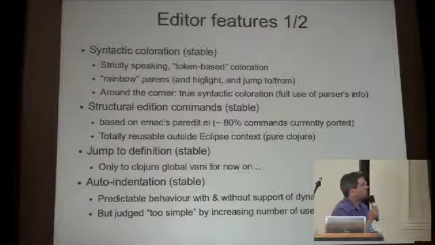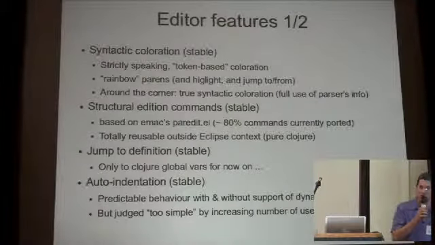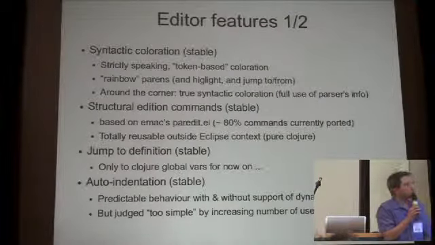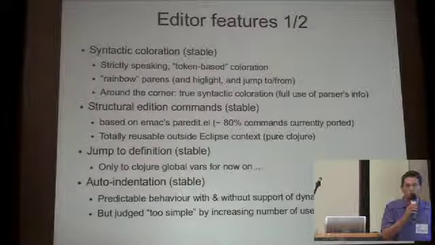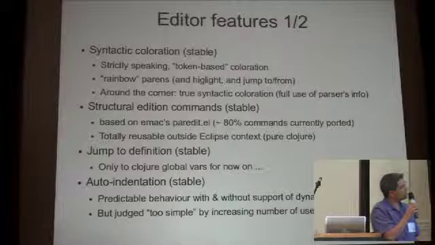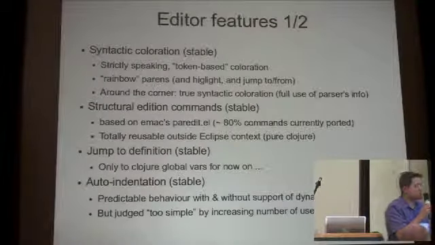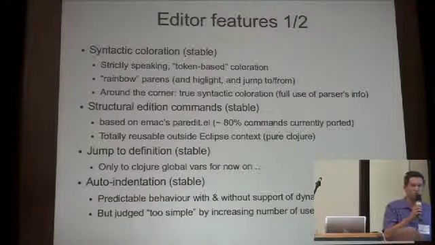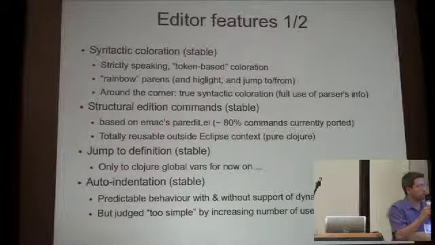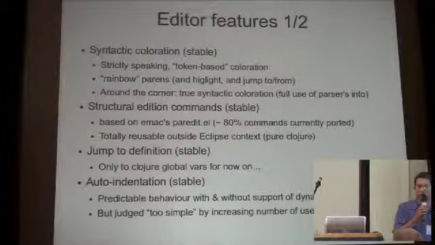The editor already has syntactic coloration, but in fact it's not really syntactic, it's token-based, as in a lot of editors which claim to be syntactic, with an exception for rainbow parens, which is a way to show how deep you are in the nesting of the parens. It's a really interesting feature that Emacs or Vi also have.